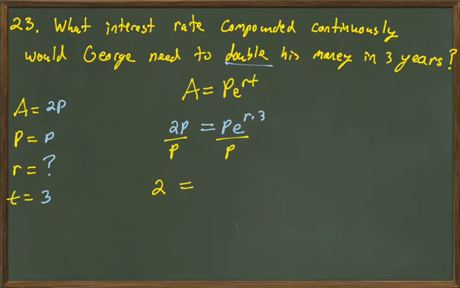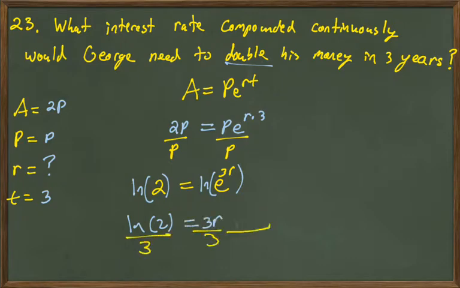The double is independent of how much is put in, as long as it's non-zero. Okay, so 2 is equal to e to the 3r. We'll take the natural log, and so we'll have the natural log of 2, and this is especially nice because ln and e are inverses, so that will free the 3r, and then we'll divide by 3.